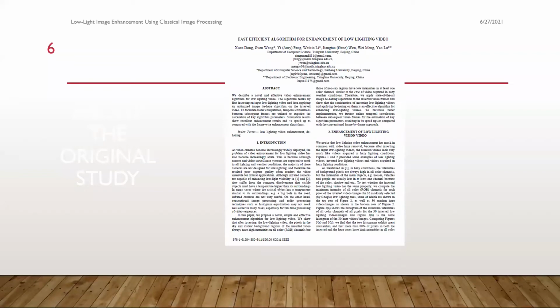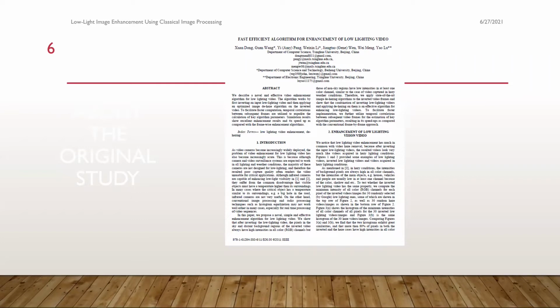In the original paper, they propose a novel, simple, and effective enhancement algorithm for low lighting video. They showed that after inverting the low lighting video frame, the pixels in the sky and distant background regions of the inverted video always have high intensities in all color channels, but those of non-sky regions have low intensities in at least one color channel.